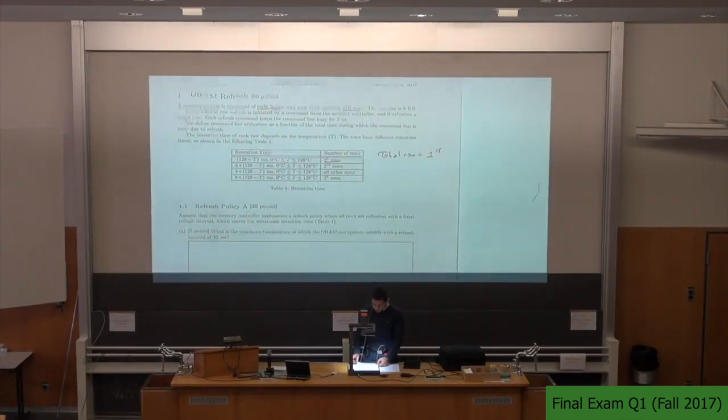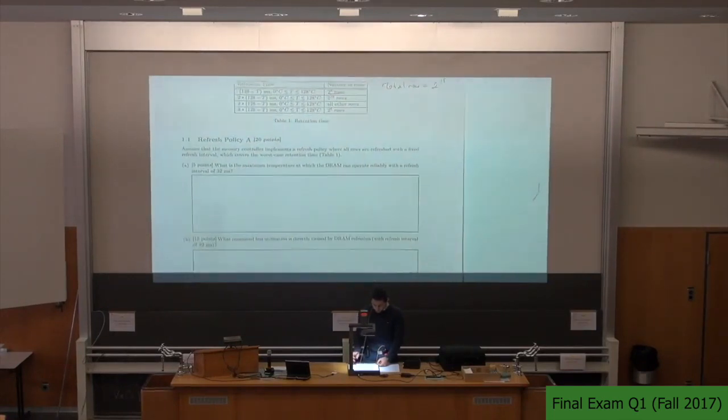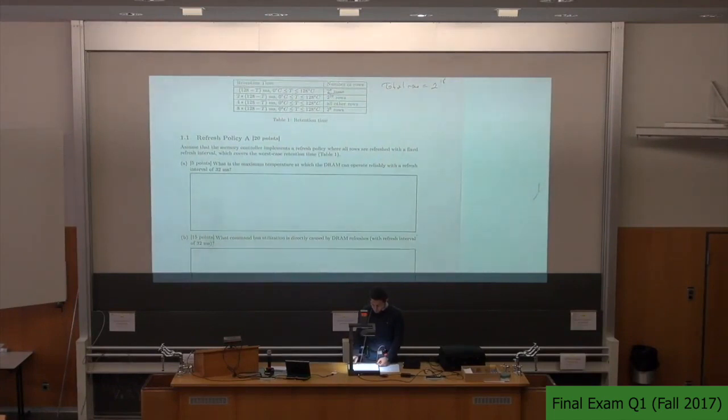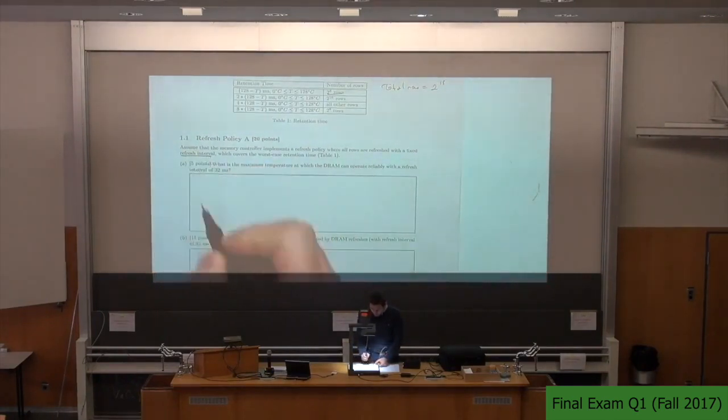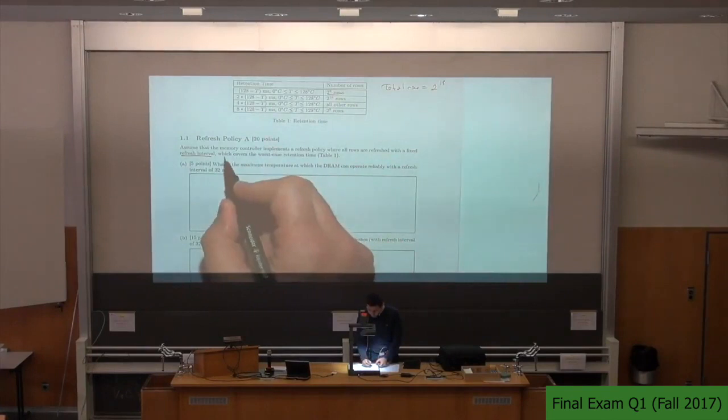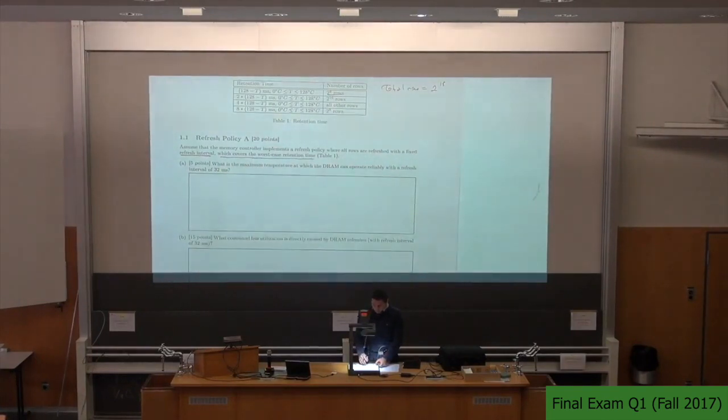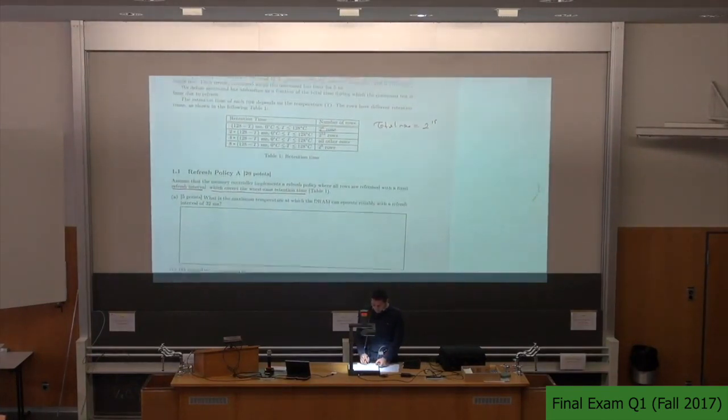Let's jump to the first question. We are given a refresh policy, called refresh policy A, with a refresh interval which refreshes all the rows in a DRAM and covers the worst-case retention time. What does that mean?